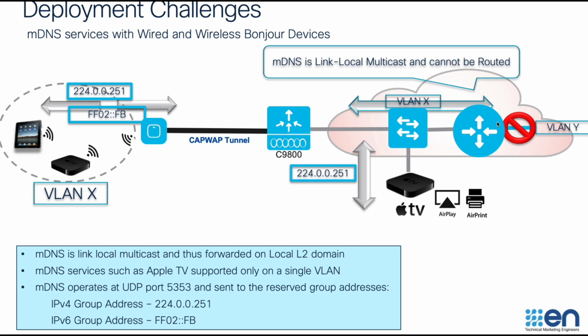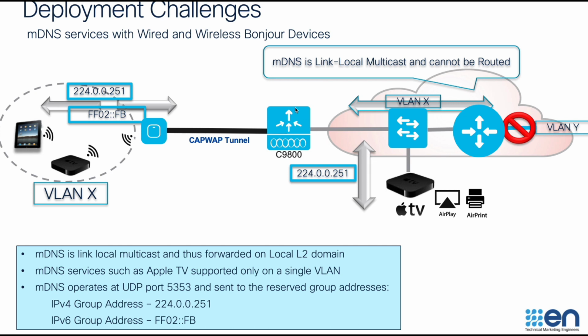So if it's being advertised on the VLAN, other devices cannot see those services. Or if there is a router at the end of the subnet, this multicast services cannot also traverse through the router. Therefore, when the services advertise on any VLAN attached to the wireless Catalyst controllers, we cache these services on the controllers, and it doesn't matter if these services are being advertised wirelessly or wired, as in this example with AirPlay and AirPrint.